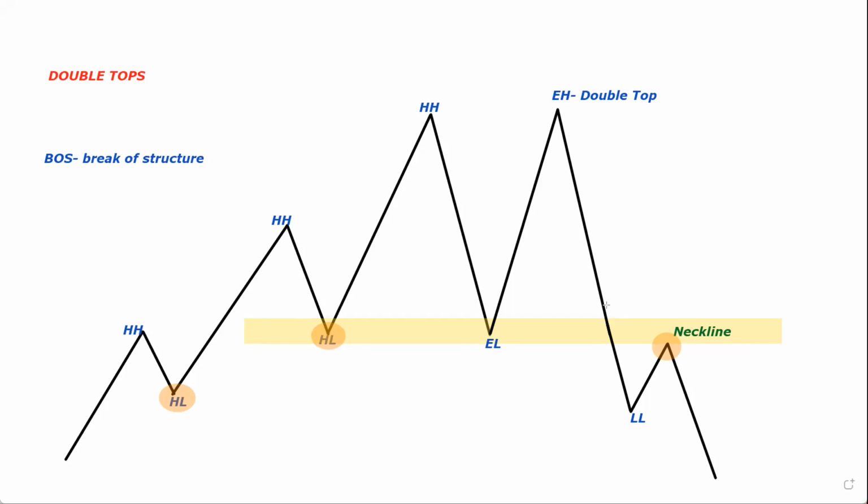So even if I'm expecting this to happen, there's always the likelihood that this market may decide to get here and then come back up. So that's why you wait for the break of structure, the retest, and now you can get in for the sell.